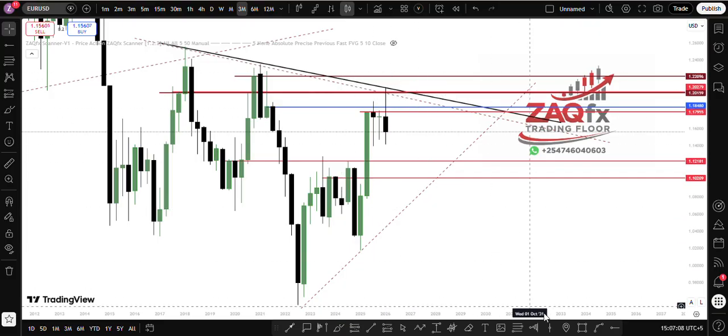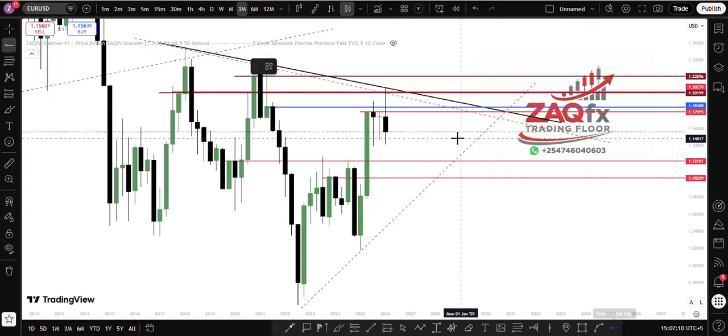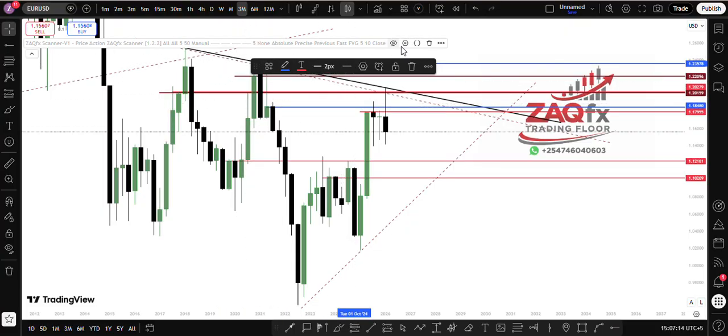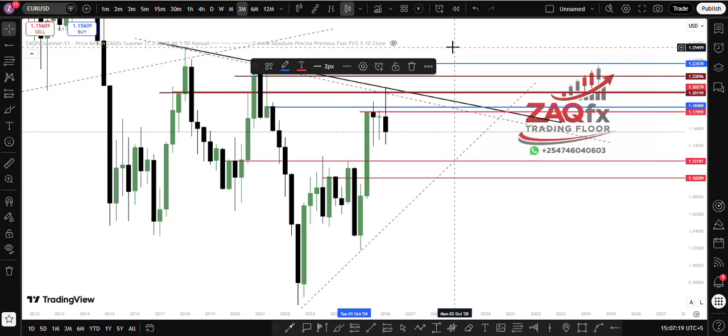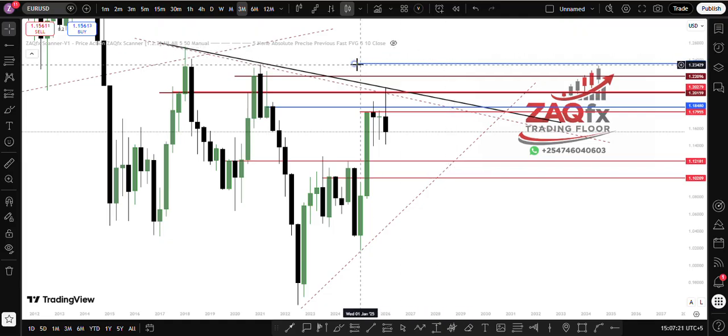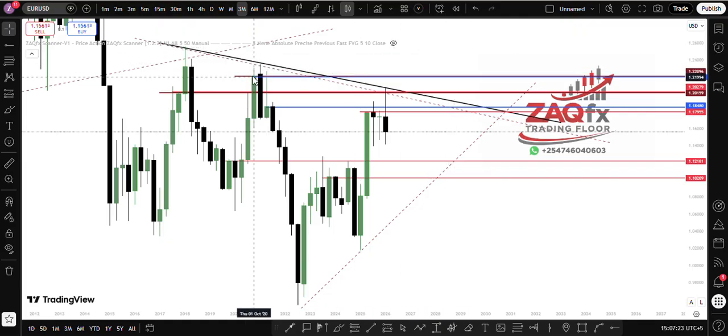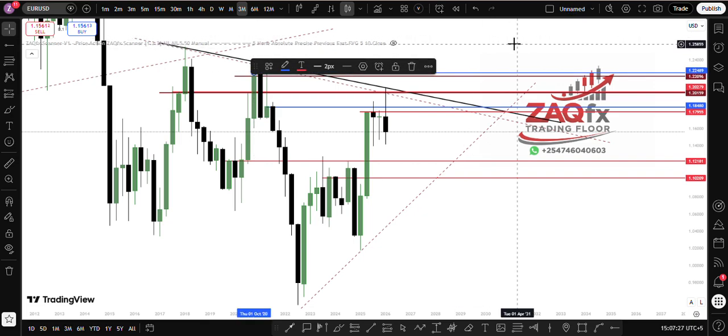Then we have a major resistance on 3 months, which is right here. Let me see. Here we go, 3 months level resistance.